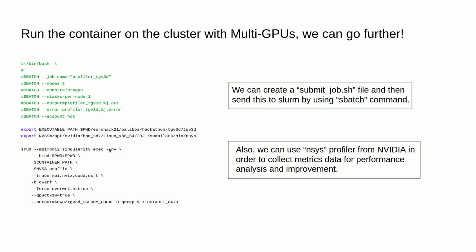And also we have another interesting thing. We can use Nsight profile from NVIDIA in order to collect metrics data for performance analysis and improvement. Basically, we just need to append some commands before the executable path here, and then we are fine to collect data in order to profile the code, which is very interesting.